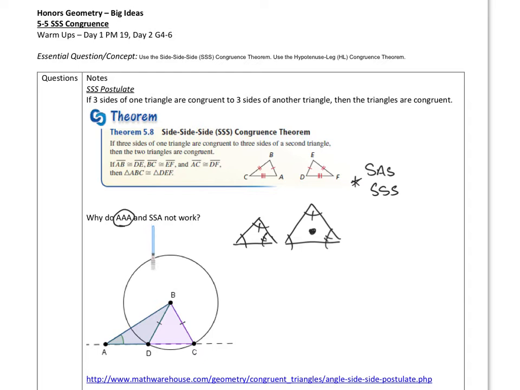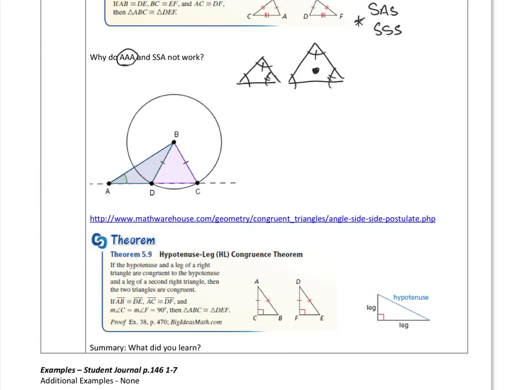Another one that doesn't work is side angle. Side angle side works, but side angle doesn't work. And here's why. Let me slide this up a little bit. Suppose I have the circle just to help me draw this triangle, and the two triangles I'm going to look at are ABC and ABD, like that. Now these two triangles are completely different, and you can see that they're completely different. However, this angle is shared by both of them.